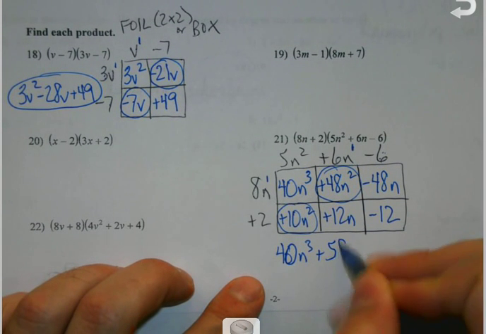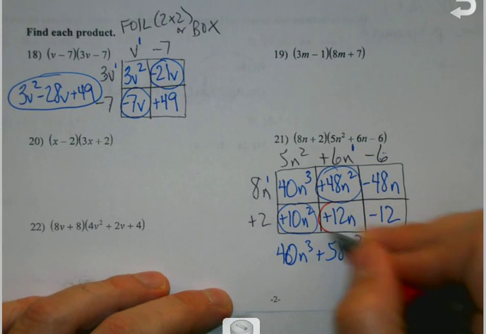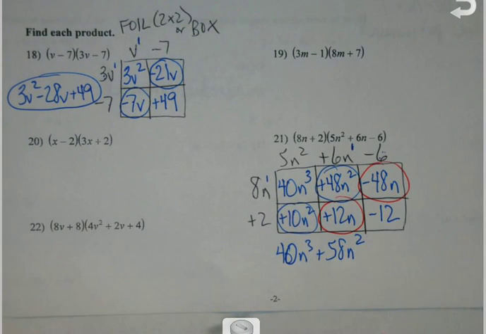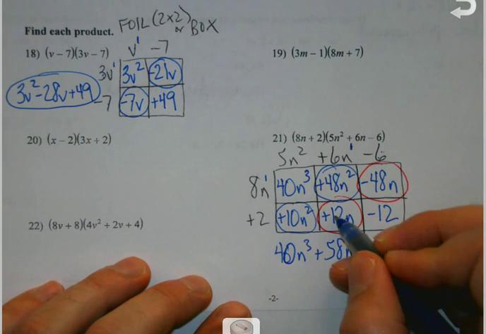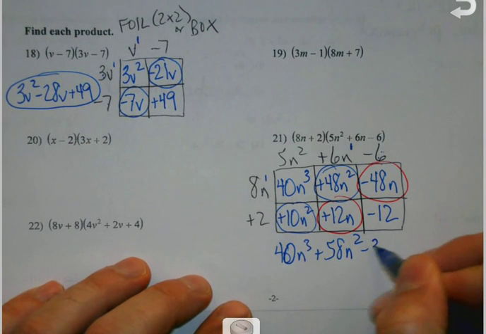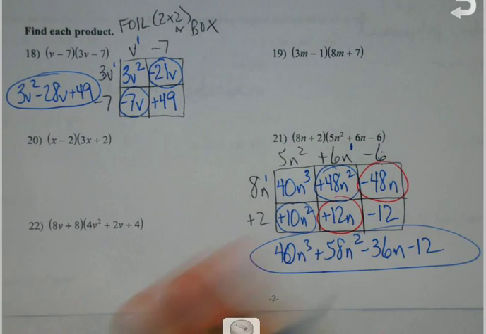And again, I'm just watching the signs in front. Don't try to get cute and start thinking I make it like end of the fourth or something. Again, here, careful, 12 minus 48. And then the minus 12 is on its lonesome here at the end.